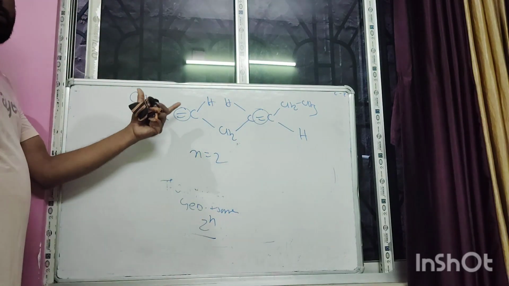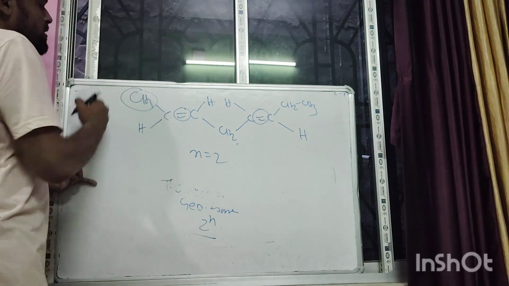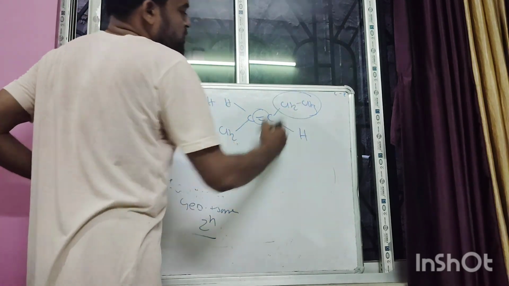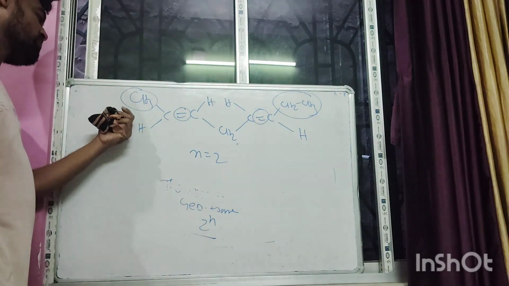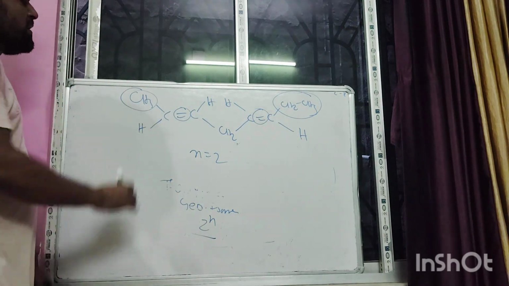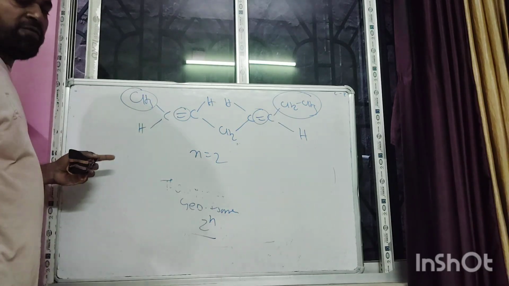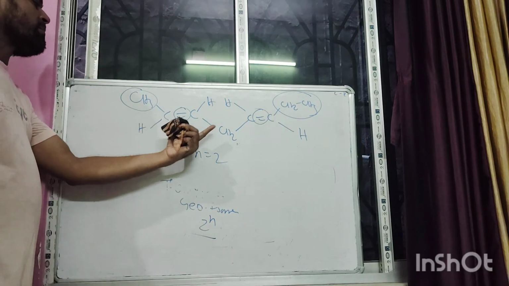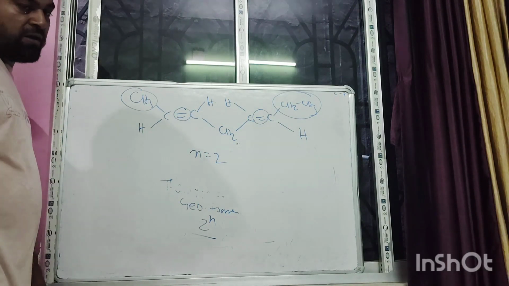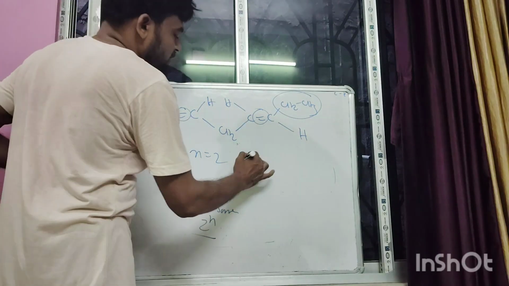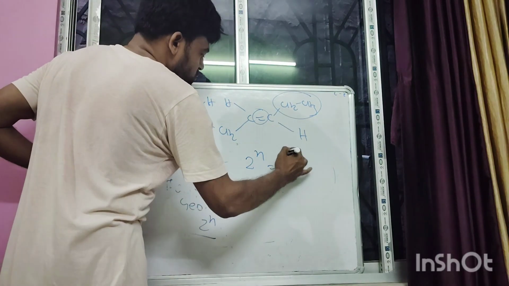The terminal carbons are different: one is CH3, a methyl group, and the other is C2H5, an ethyl group. So these two terminal carbons are different, and the number of double bonds is even, n equals 2, so the number of geometrical isomers is 2 to the power 2.